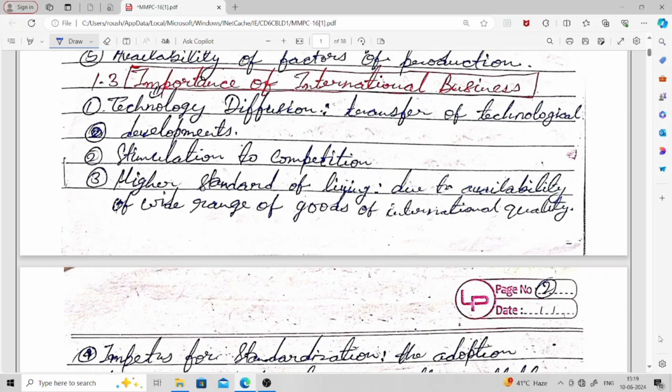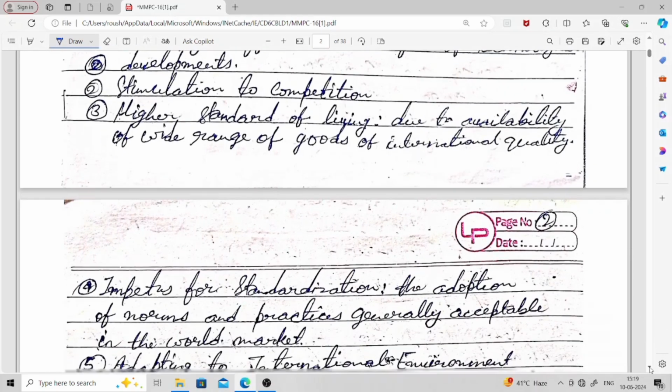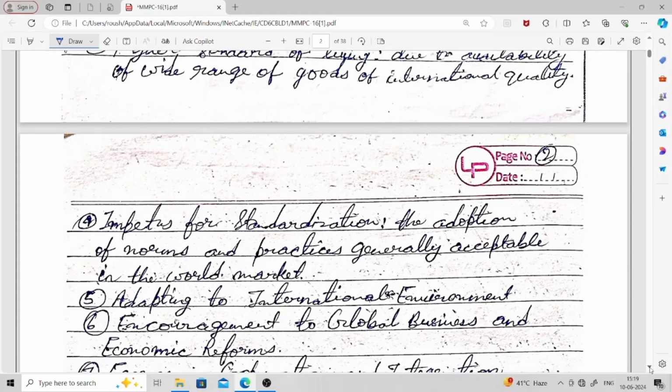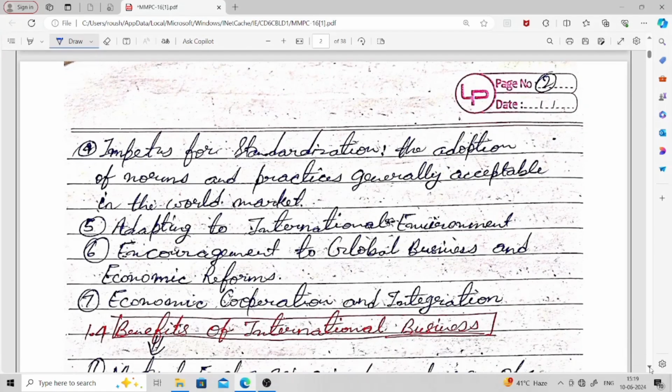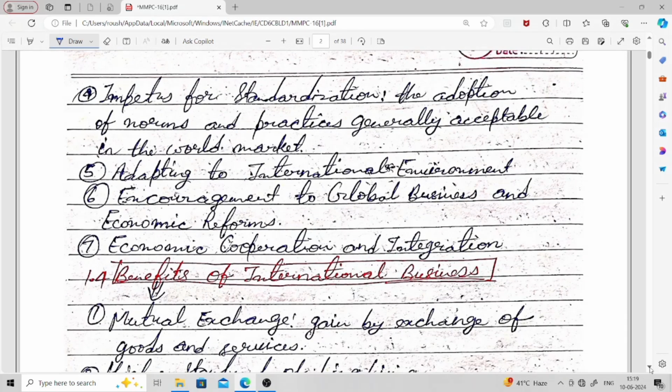Then the fourth given here is an impetus for standardization. That is, adoption of norms and practices generally acceptable in the world market. That gives impetus for standardization.